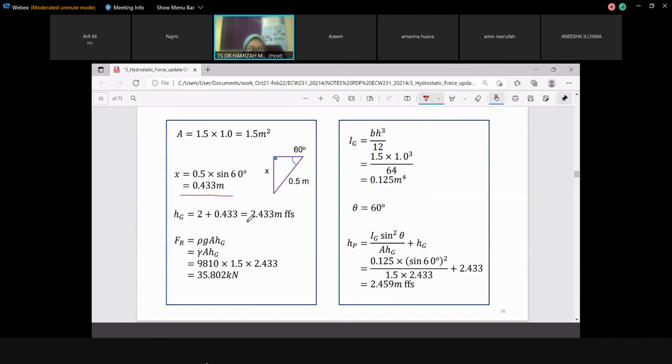Okay, and the HG need to add with the H, iaitu height from the water surface, and apply the resultant force formula. So the amount of force exert on the center of pressure ialah 35,802 kilonewton, and HP is to find the location where the force acts. So you can see here the Hg is less than HP.